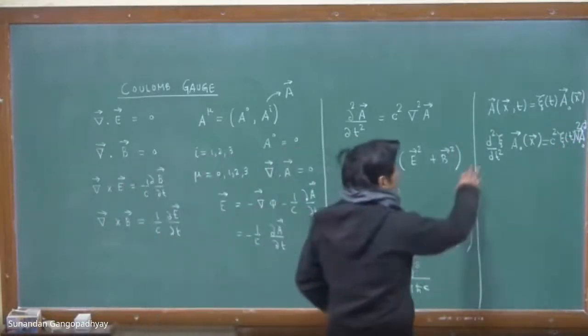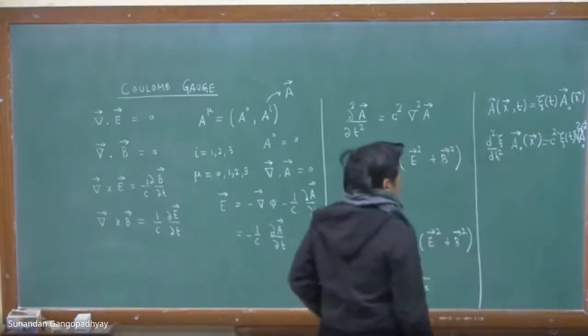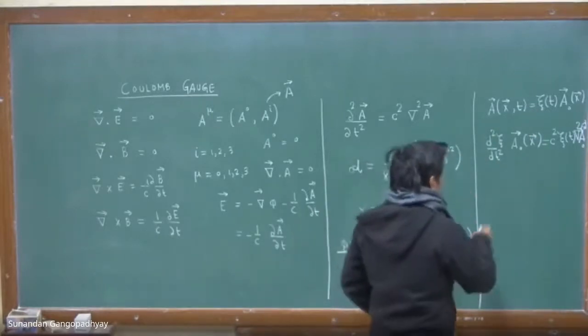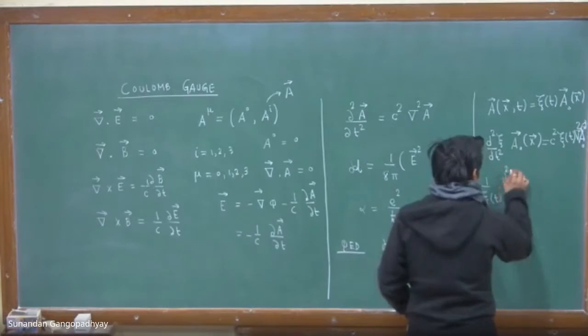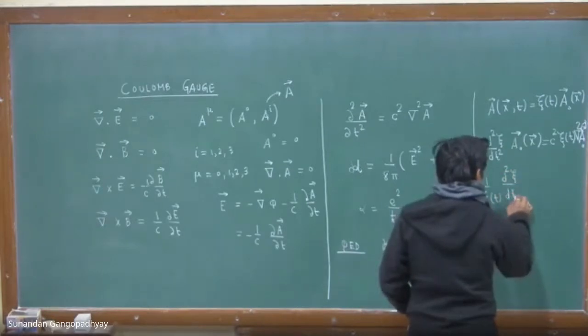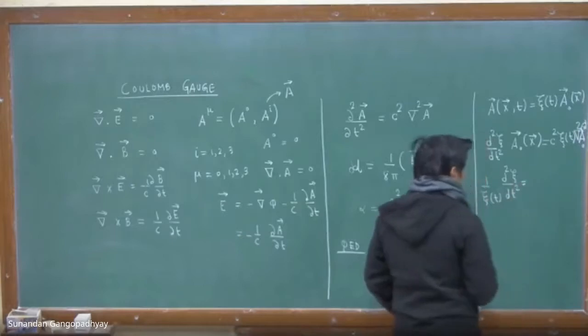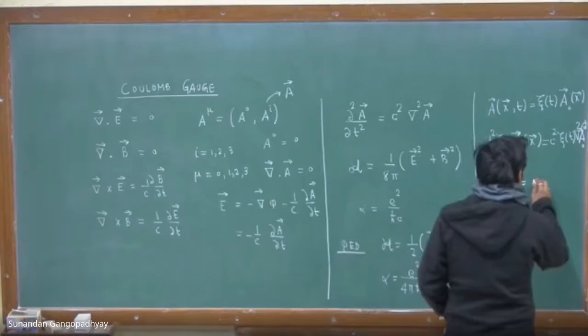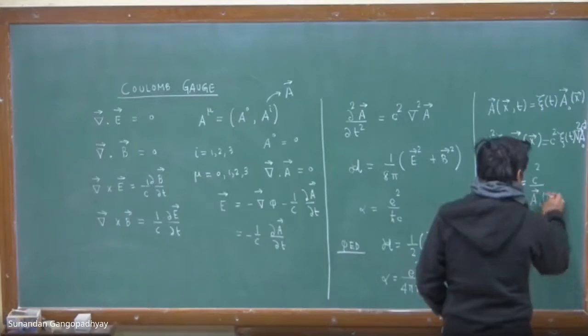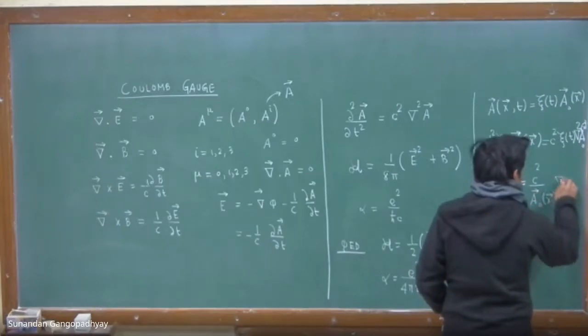This you can easily see if you just substitute it, and then formally you can write it in this way: 1/ψ(t) ∂²ψ/∂t² is equal to c² (1/A₀(x)) times the Laplacian of A₀.